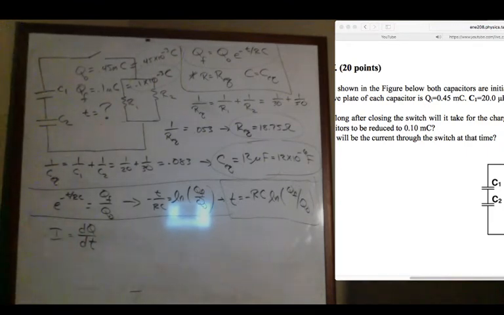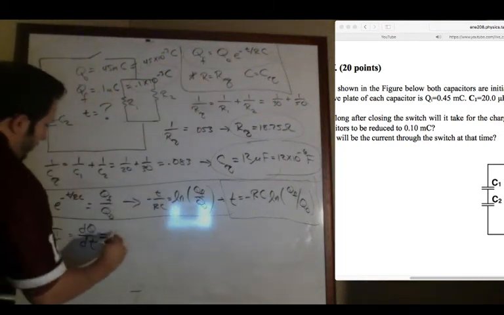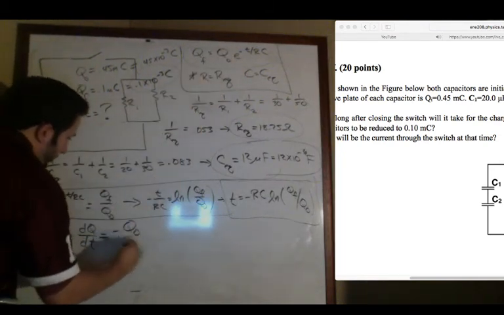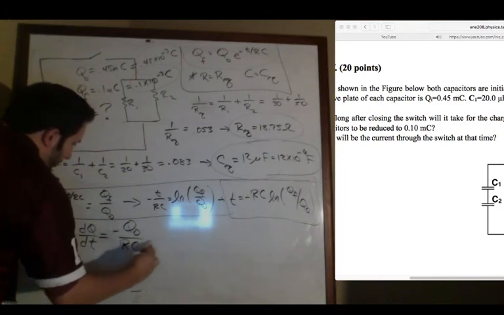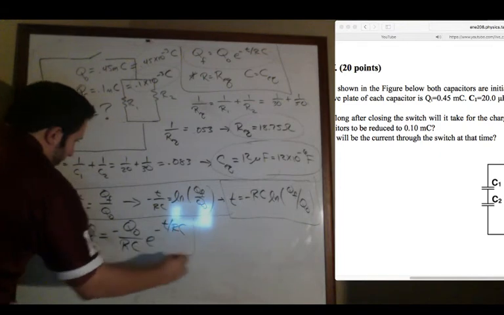And so if you take a look at this equation, if Q is equal to Q naught e to the negative t over RC, then dQ dt, if I take the derivative of this with respect to t, it's going to be a negative Q naught over RC e to the negative t over RC.